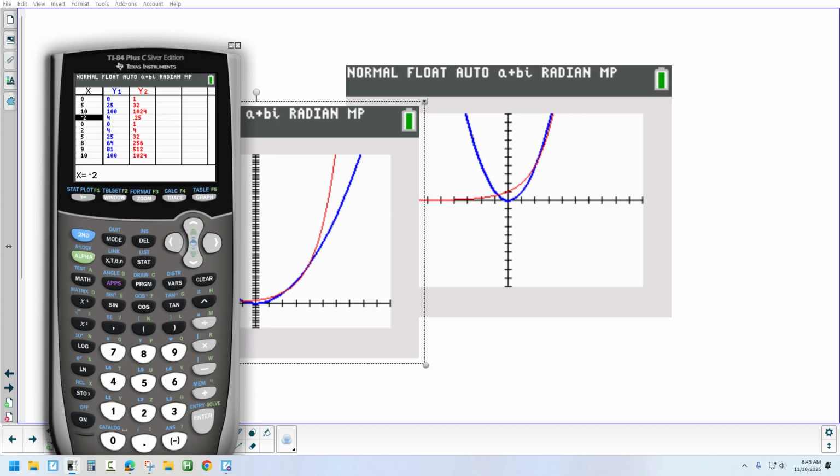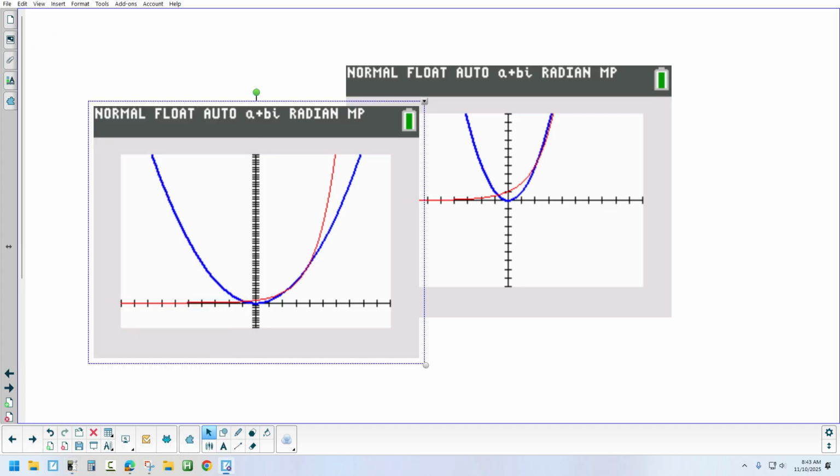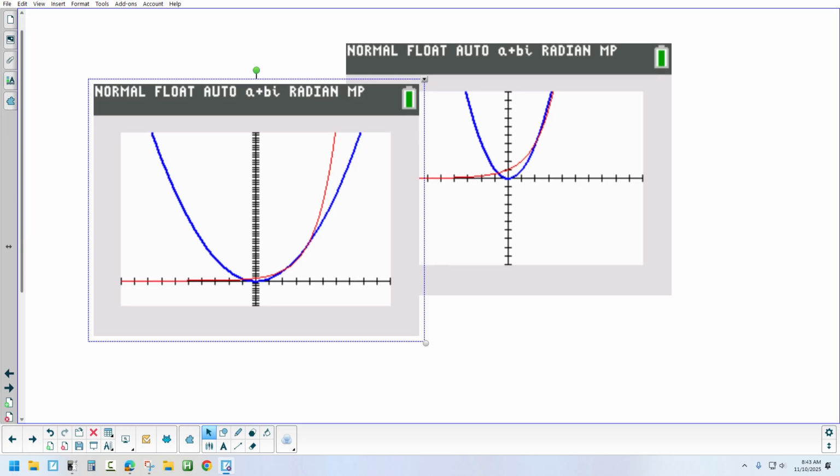Now, if we start to go to the left, you'll notice that the red one starts to level off. Why does the red one start to level off, and it looks like it's having an asymptote to the x-axis? Somebody explain why that's happening.